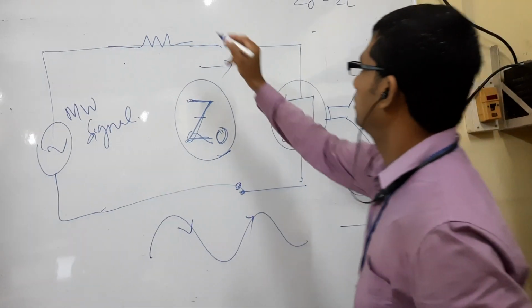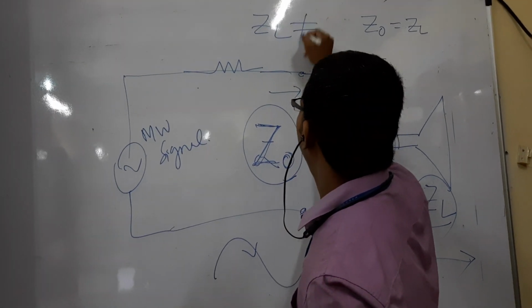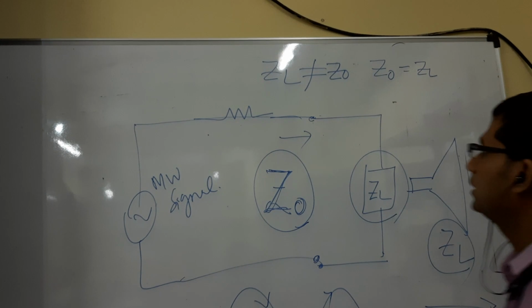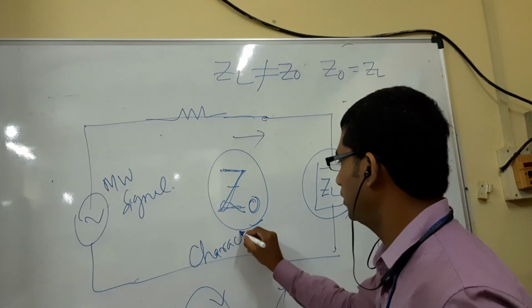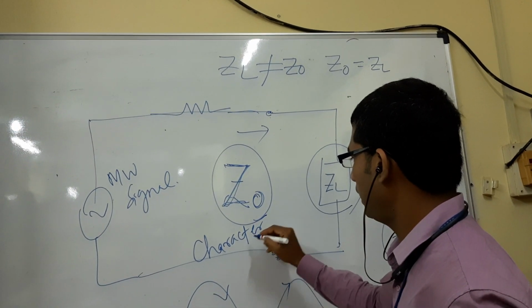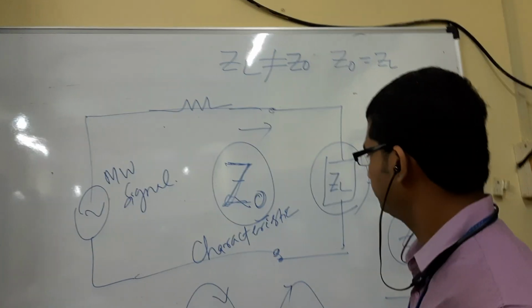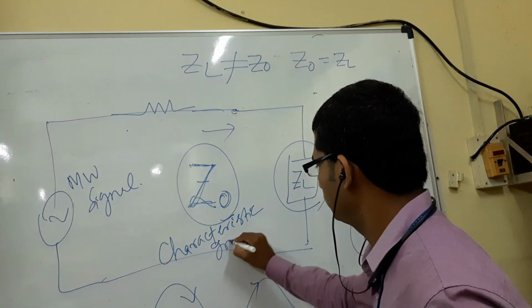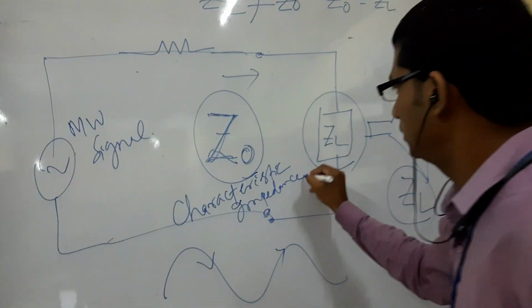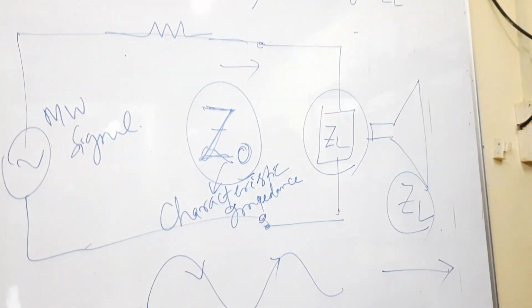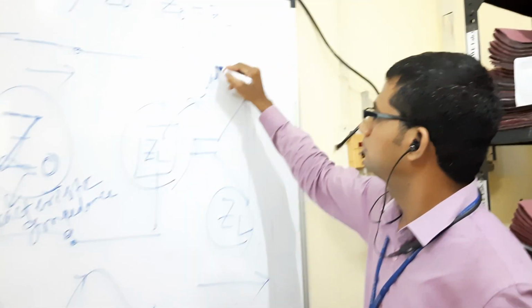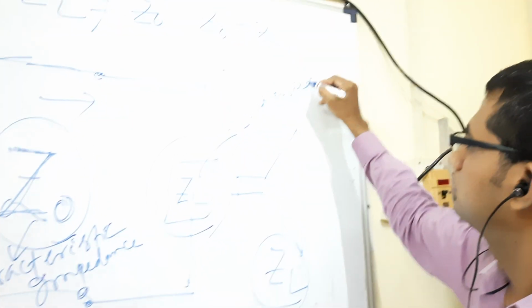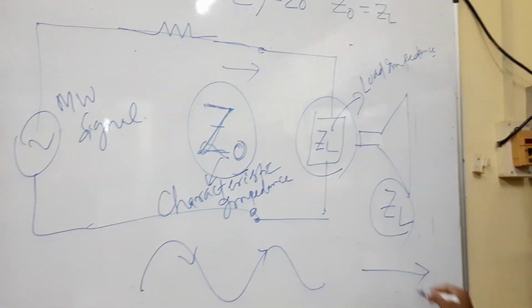But if ZL is not equal to Z0, that means if there is a mismatch in the characteristic impedance of the transmission line, and this is called the load impedance. So ideally ZL should be equal to Z0 for good transmission.